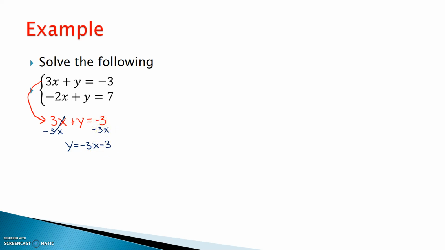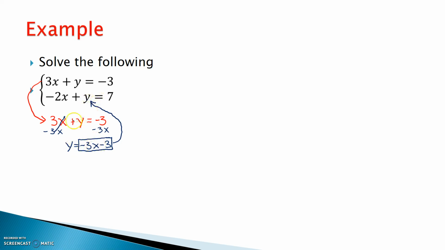All right, so remember, that is step number 1. Solve for one of the variables. Here I've solved for y, and I figured out that y is equal to -3x -3. Now here comes the key part, or stage 2, which is the substitution piece. I need to take the value of y here, and I need to plug this into the second one for the y variable. So all this is going to get plugged into the y here.